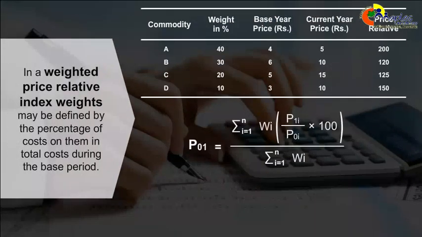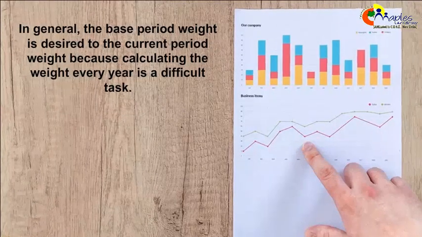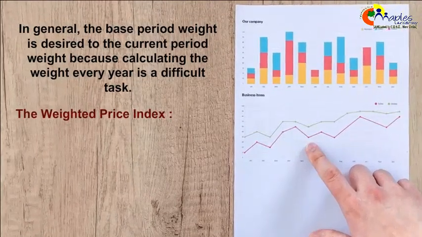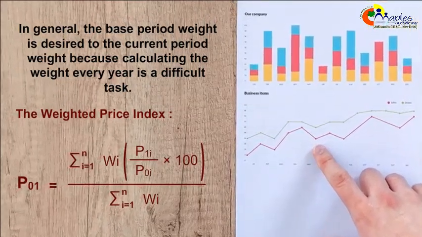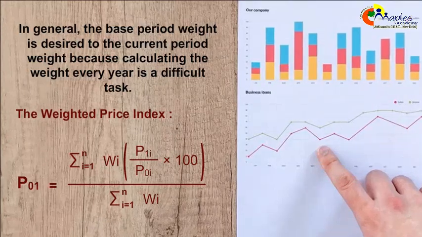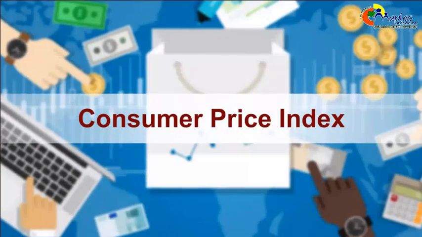In a weighted price relative index, weights may be defined by the percentage of costs on them in total costs during the base period. In general, the base period weight is preferred to the current period weight because calculating the weight every year is a difficult task. Consumer Price Index.